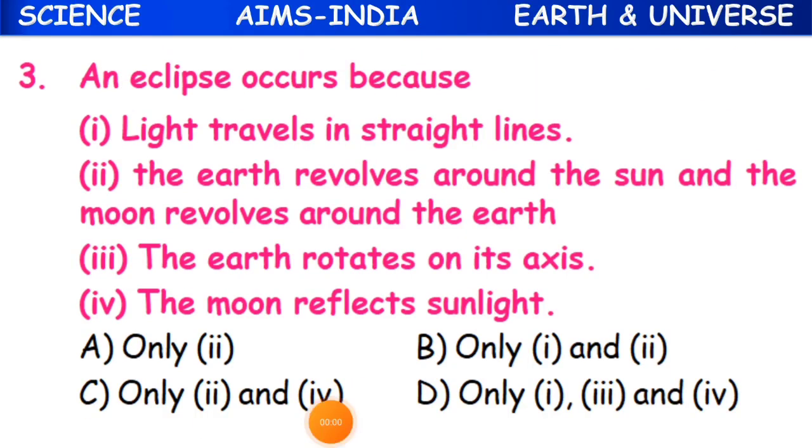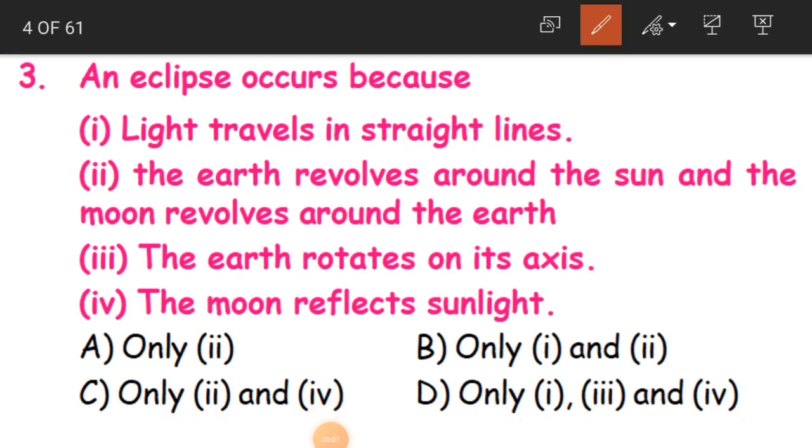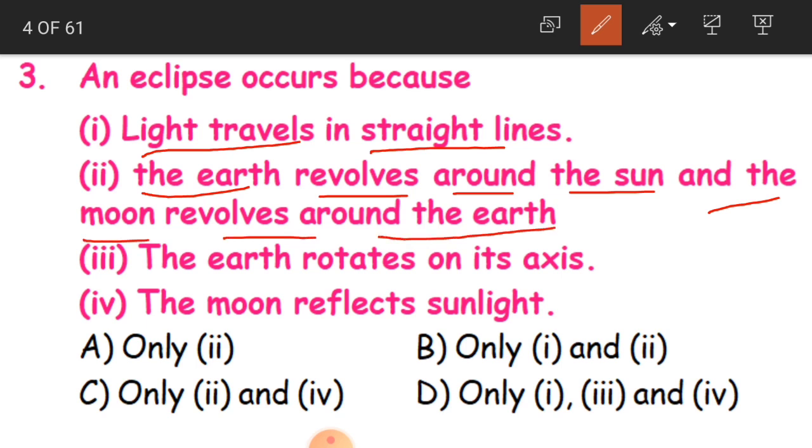Now the third question: an eclipse occurs because. So we have solar eclipse, we have lunar eclipse. The options are: when light travels in straight lines; second, the earth revolves around the sun and the moon revolves around the earth.